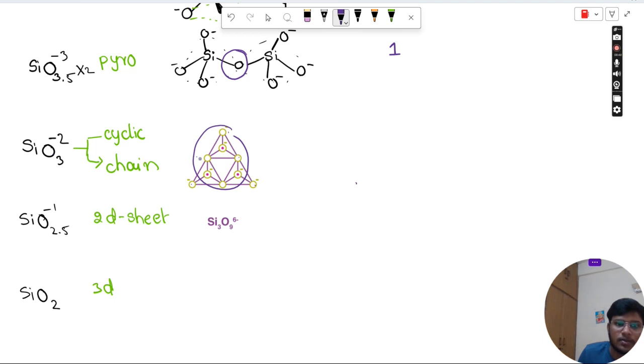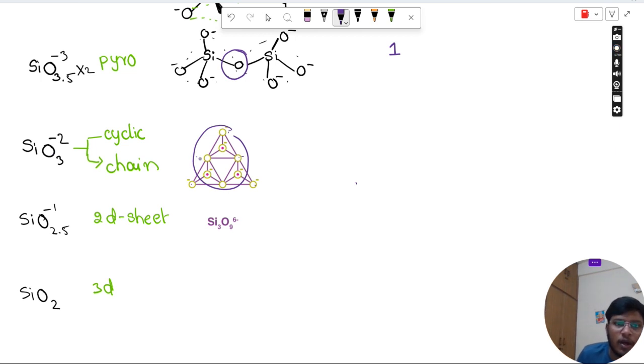These circles are also silicates, and only the pink dots are the Si. So Si3O9 -6, with each minus charge there like this. So the charge will also be satisfied.